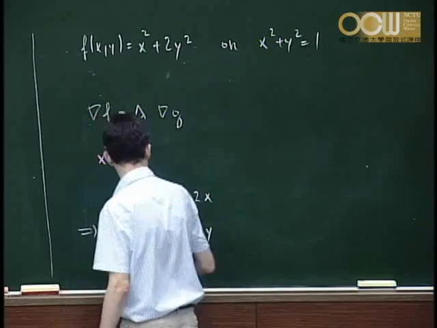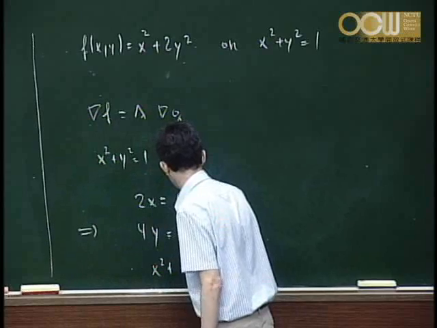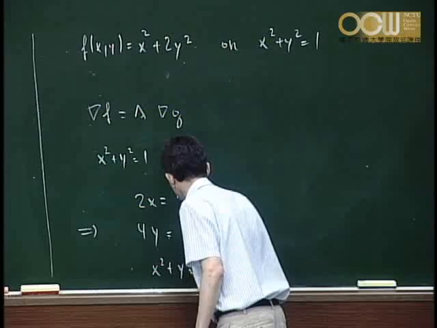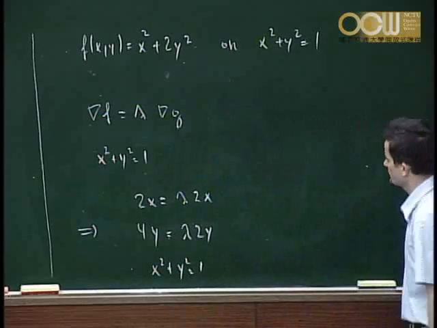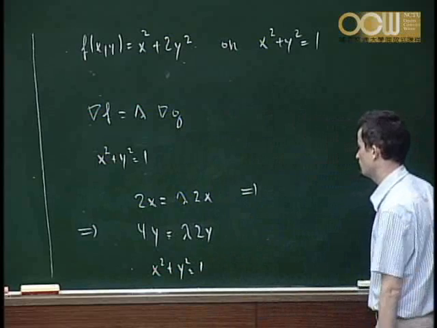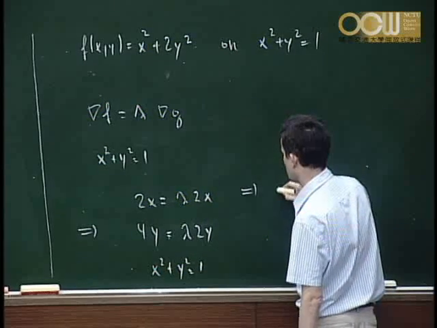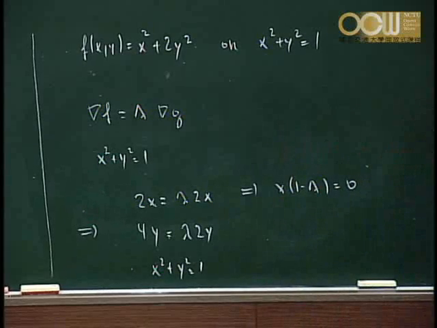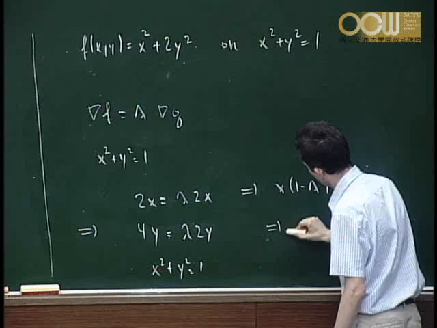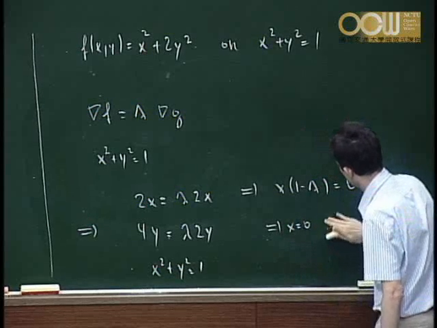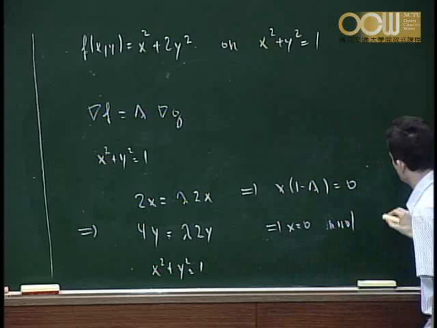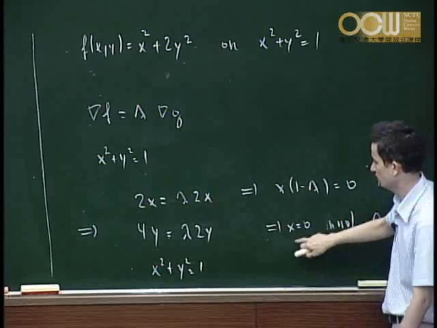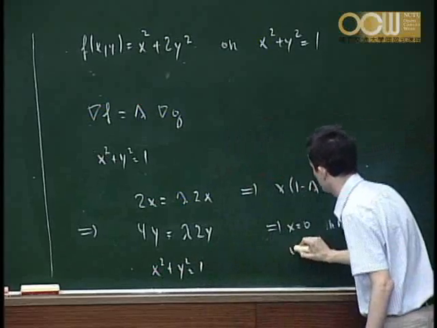And then the last one, x squared plus y squared is equal to 1. But this is not complicated, because for the first one, you have x times 1 minus lambda is equal to 0. So you get here 2 solutions: x is equal to 0, or lambda is equal to 1. If x is equal to 0, then from this equation you get y is equal to plus or minus 1.